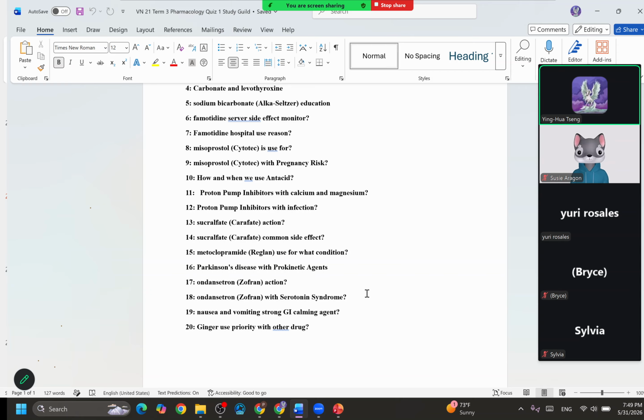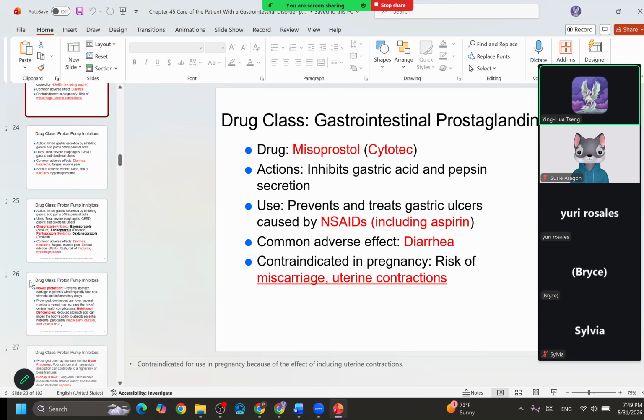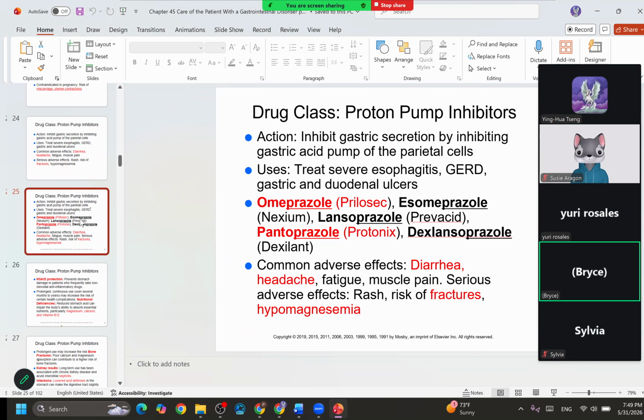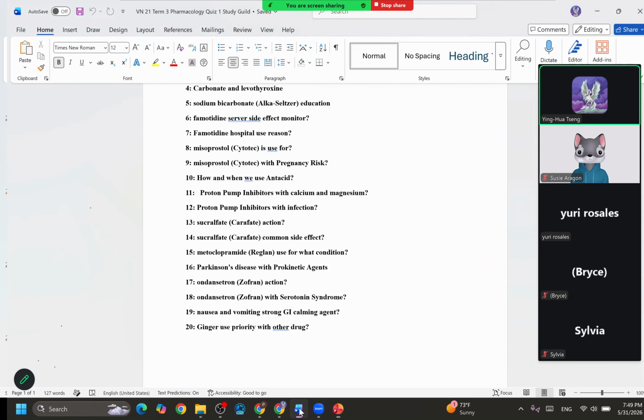All right, number 11, proton pump inhibitor and the relationship with calcium and magnesium. When we use a proton pump inhibitor, what will happen? It decreases absorption of calcium and magnesium. Yes, very correct. Most antacids will cause some kind of malnutrition, right?